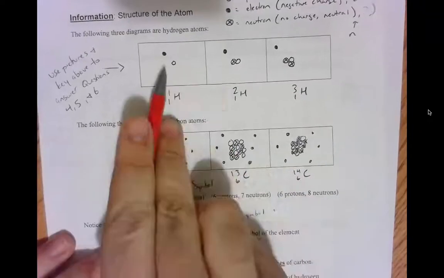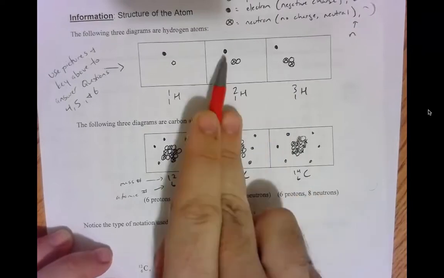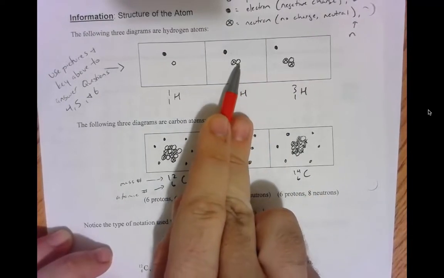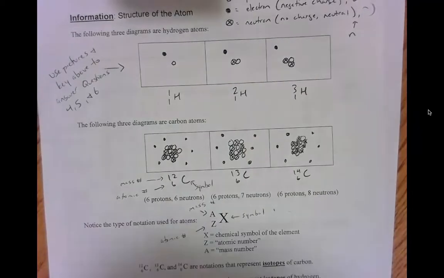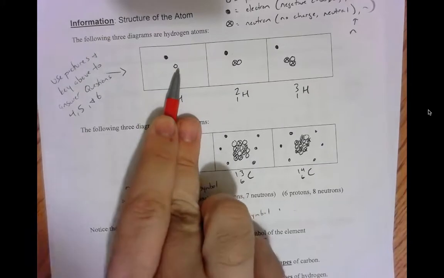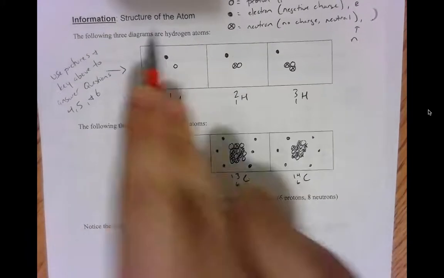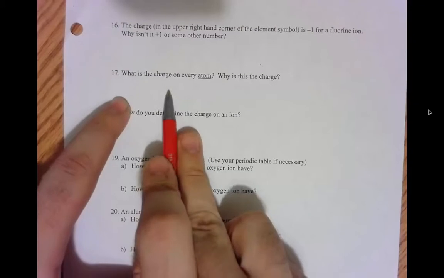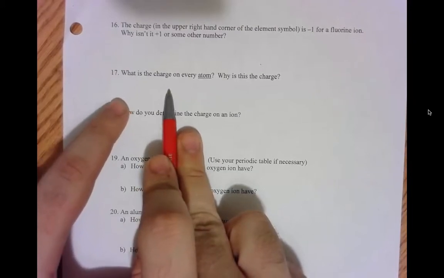So every single atom will have a neutral charge, and that is because the protons and the electrons equal each other. Because of that, when you have 1 and 1, you have a +1 charge from the proton compared to a -1 charge of the electron, which cancels out to 0. So use what I just said to help you answer 17. Why is the charge on every atom 0?